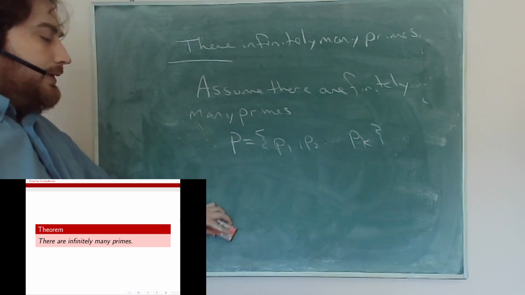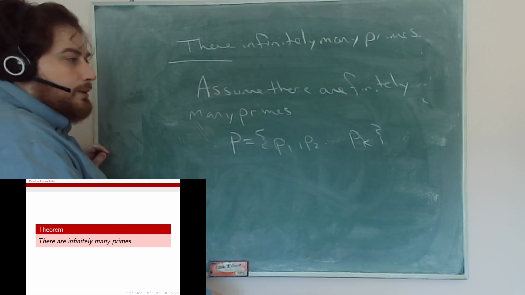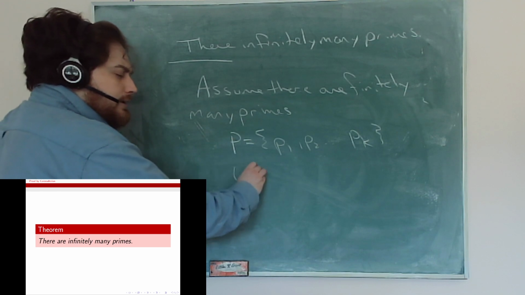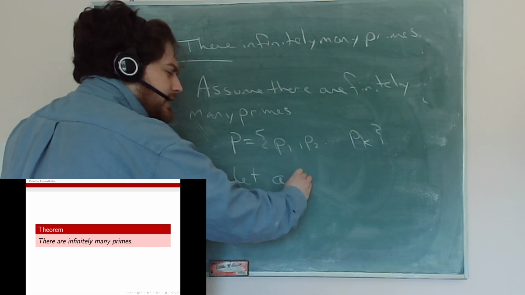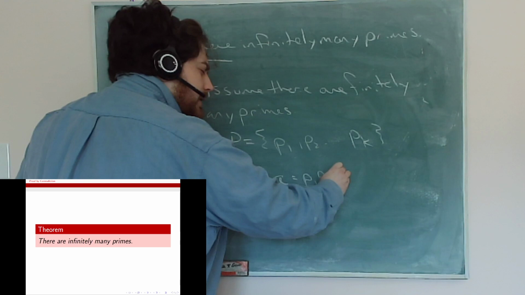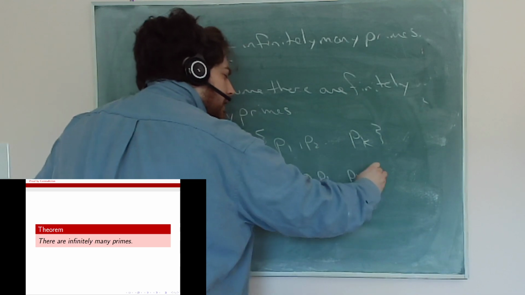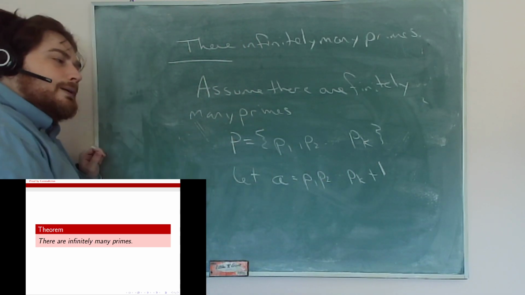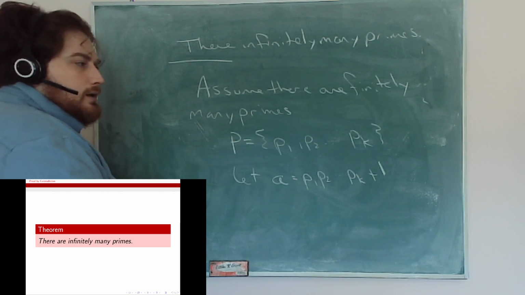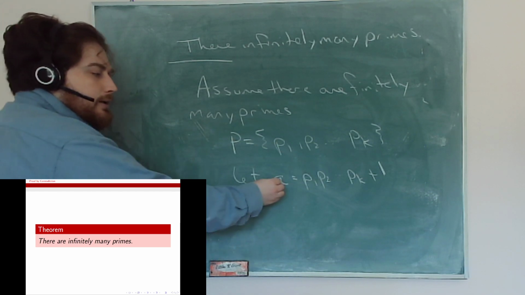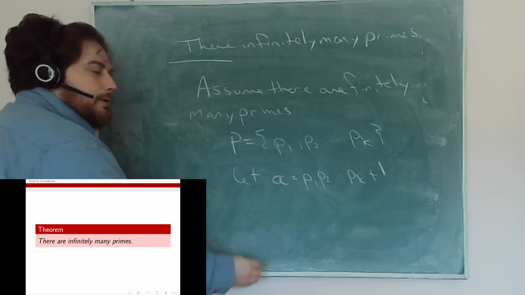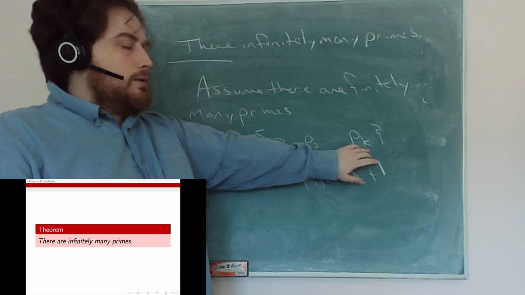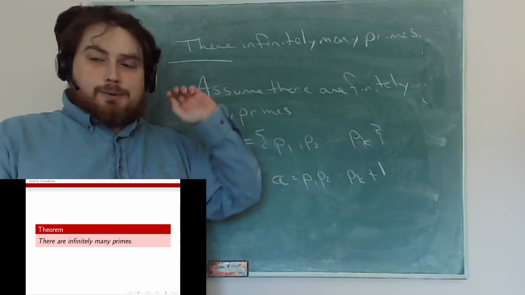All right. With that in mind, let's say A equals P1 times P2 out to Pk, plus 1. That is, I'm going to find a number A just by multiplying all of these primes together, and then I'm going to add 1.